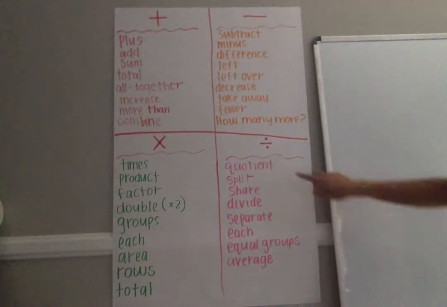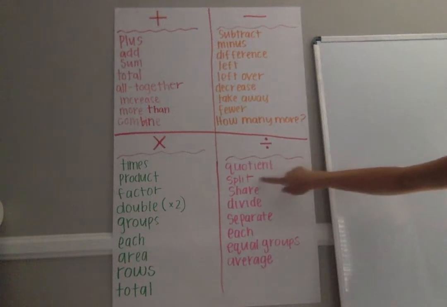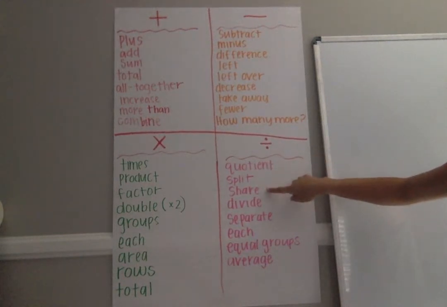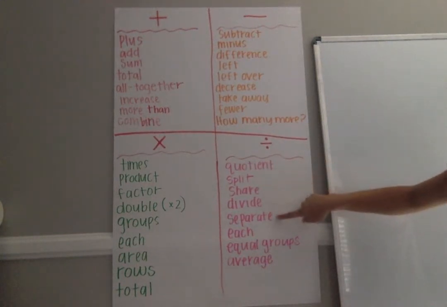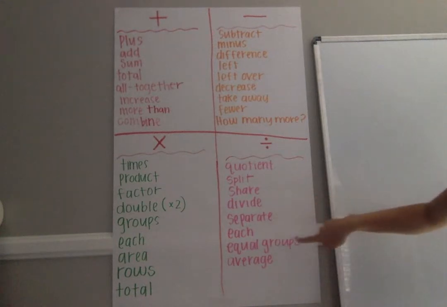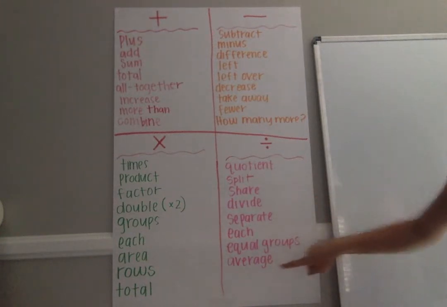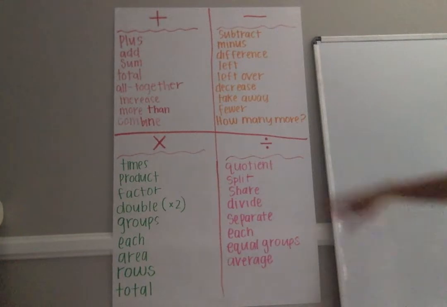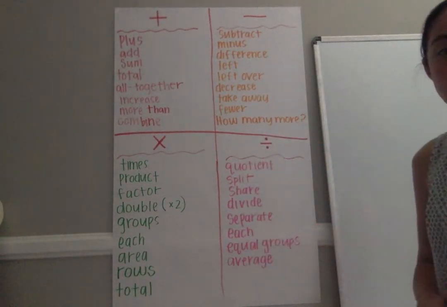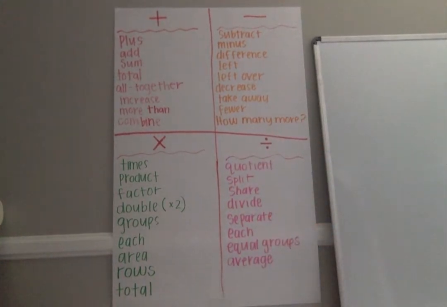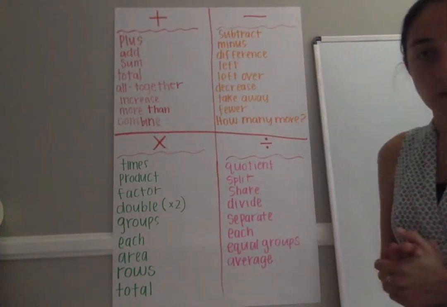And then for division, we have quotient, split, share, divide, separate, each, equal groups, or average. So all of these words, if you see them in a word problem, you know that you are going to need to divide. Today I am going to take you through 2 problems.